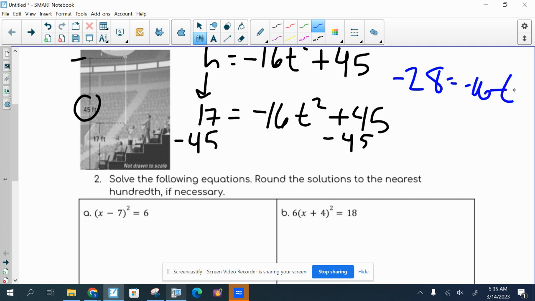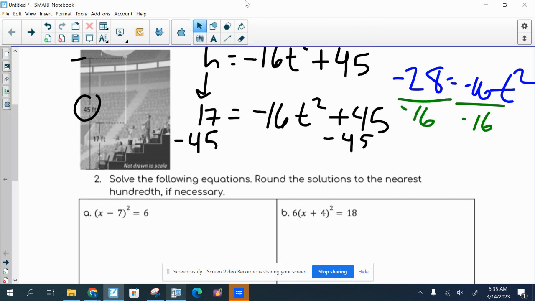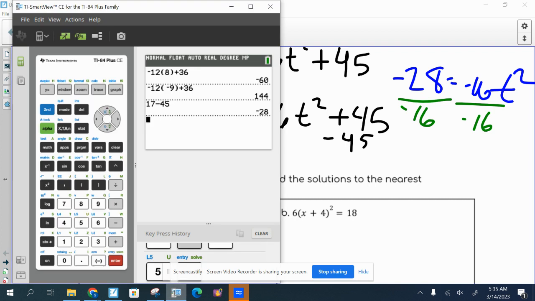So negative 16t squared. Then we're going to divide by negative 16. 16 is a perfect square, but 28 is not. So I'm just going to type this into my calculator and get a decimal. So divide by negative 16, and we get positive 1.75.